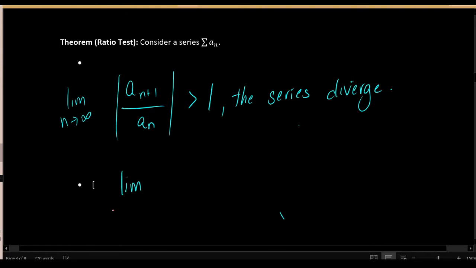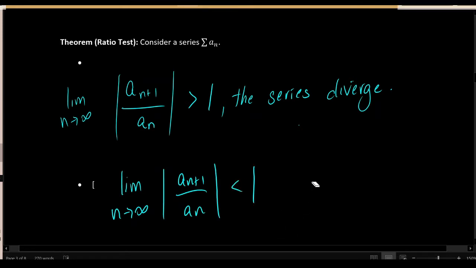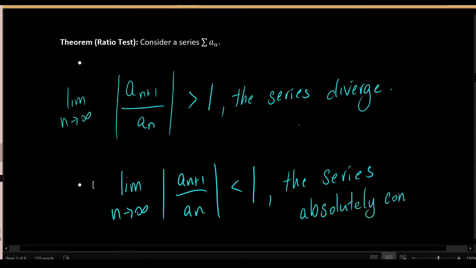If you take this limit of this ratio and get a number which is smaller than 1, again strictly smaller than 1, then you can conclude that the series converges. And not only that, the series must converge absolutely.